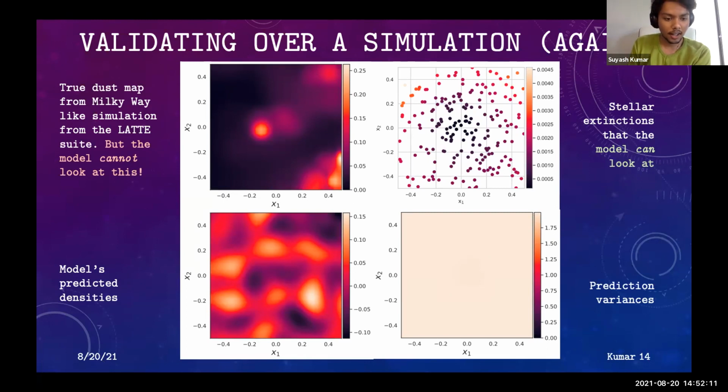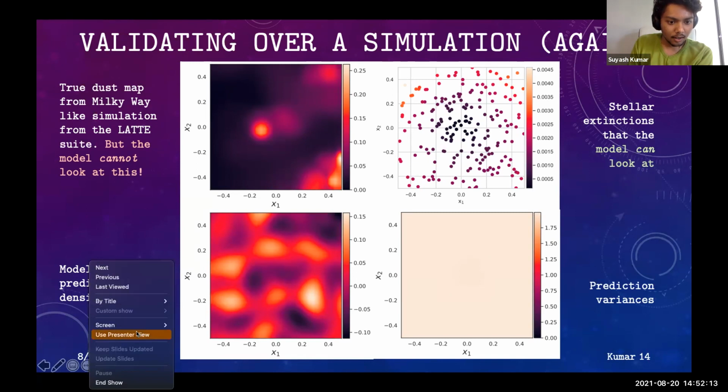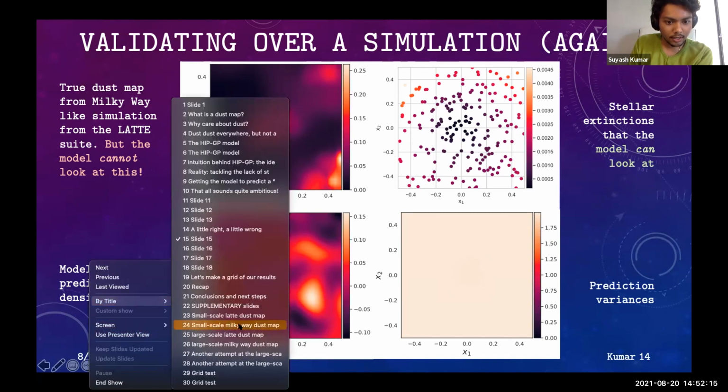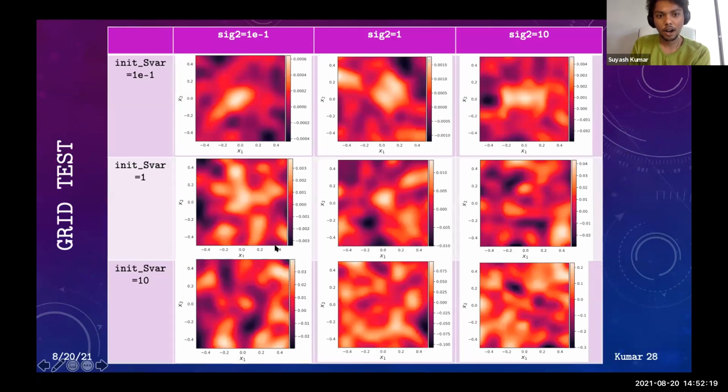But we are currently conducting what is called a grid test to understand how the model is coming up with different guesses based on some of the hyperparameters. You can see that the model's behavior is fairly chaotic. These are just two of the many hyperparameters, and we vary both of them across 3 orders of magnitude.